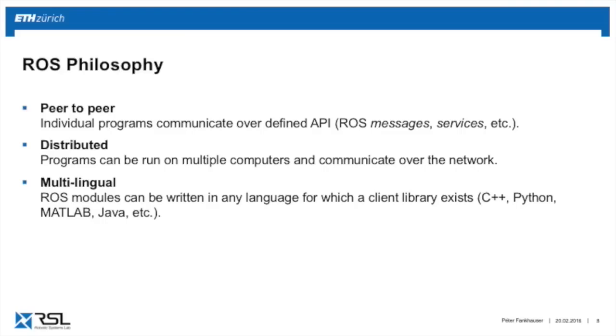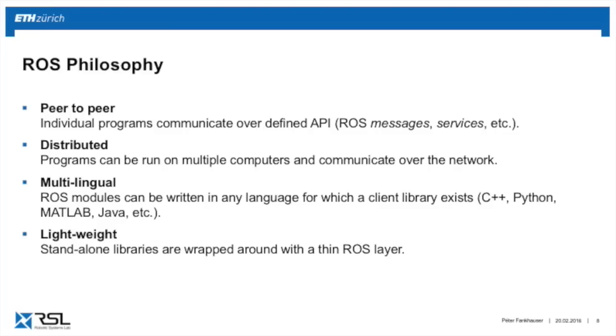It's multilingual, meaning you can use any of the existing languages which provides a ROS client library. We'll mainly work with C++ in this course, but there exist libraries for Python, MATLAB, and Java, and these can be mixed and matched. It's lightweight in the sense that ROS does not itself provide all the algorithms.